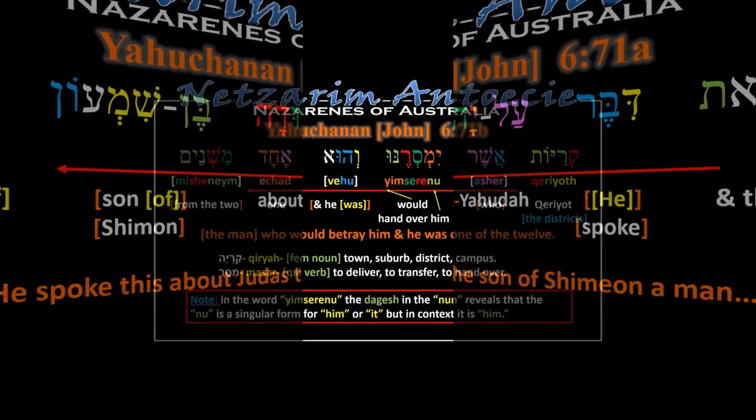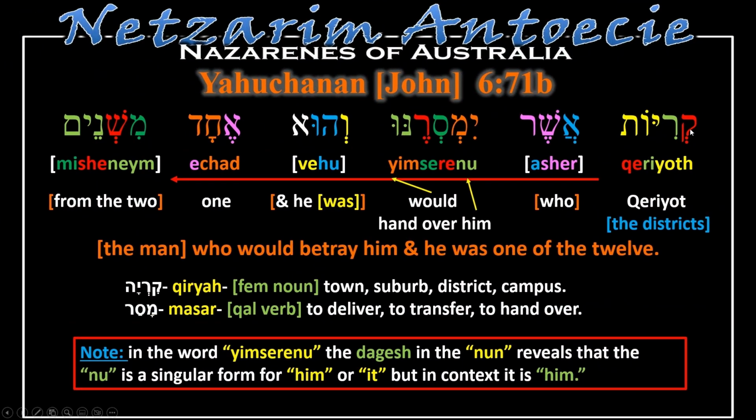And then part B, we have Kuf, Resh, Yod, Vav, Tav, Aleph, Shin, Resh, Yod, Mem, Samekh, Resh, Nun, Vav, Vav, Hey, Vav, Aleph, Aleph, Chet, Dalet, Mem, Shin, Nun, Yod, Mem Sofit. And we read it: Keriot.